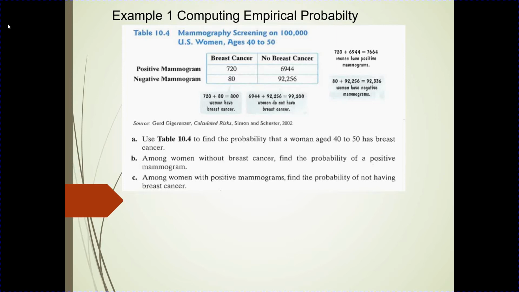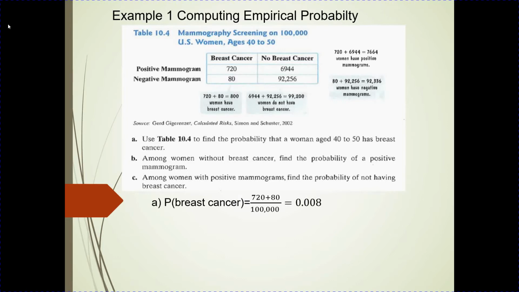Then we are going to find the probability of a woman with breast cancer. The total number of patients with breast cancer is 720 plus 80. So this is the total number of women with breast cancer. Therefore, it will be 800. So 800 divided by 100,000. So this is part A.